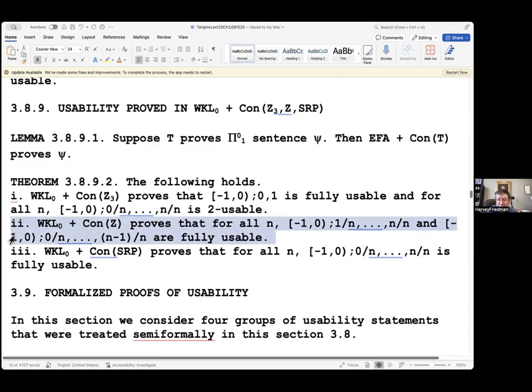You need WKL naught in the background to know these things are pi01, because they're only implicitly pi01. So Con SRP is enough to prove this, fully usable. All right.